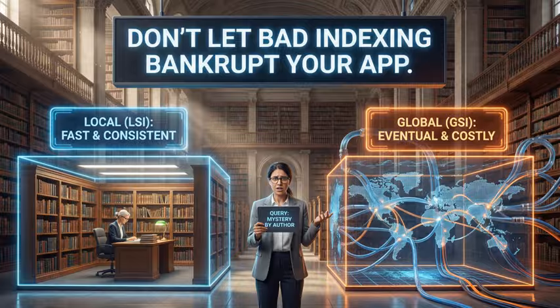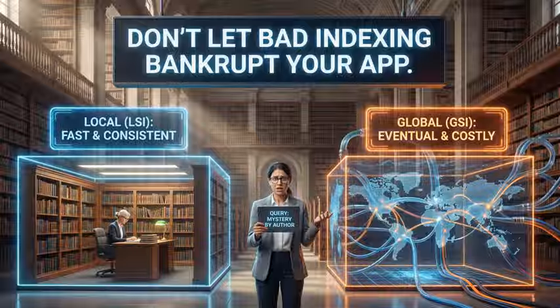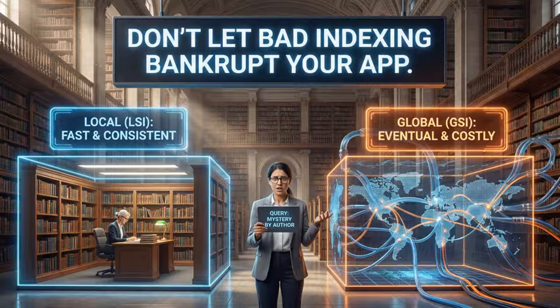They're like international investigators with jurisdiction everywhere. Both are called secondary because they index on something other than the primary key. But the local versus global distinction is everything. It's the difference between searching one neighborhood and searching the whole city.